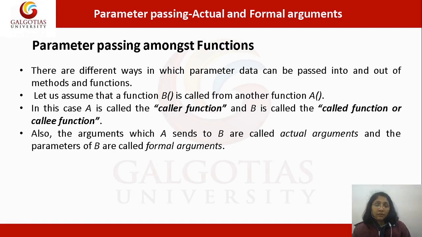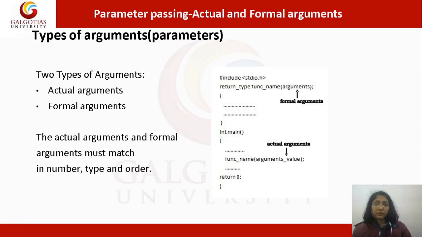In A, we write the calling statement, and the parameters we write in the calling statement are the actual arguments, whereas when writing the body of function B, those parameters are termed formal arguments.